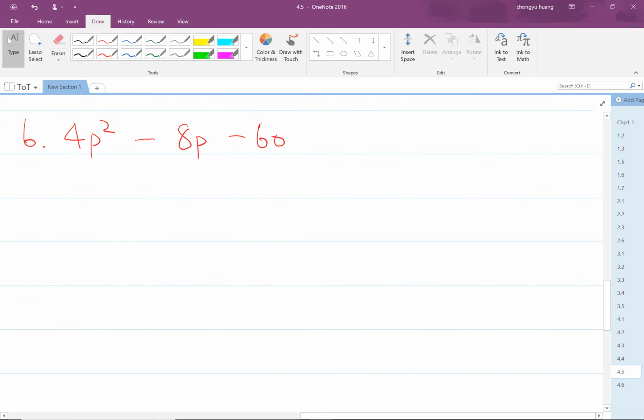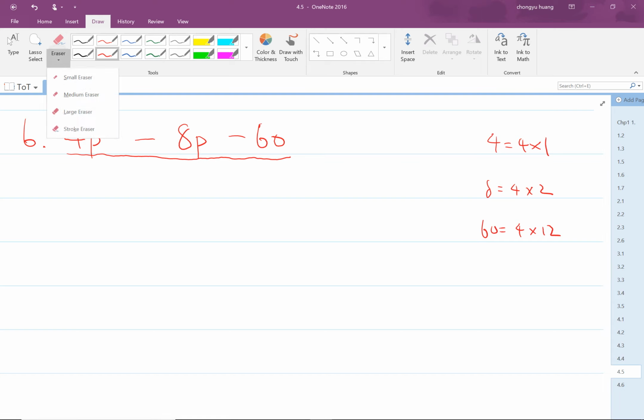Over here we have 4p squared minus 8p minus 60. 4 is equal to 4 multiplied by 1. 8 is equal to 4 multiplied by 2. 60 is equal to 4 multiplied by 12. Oh, I'm sorry, that is wrong. It's actually 4 multiplied by 15.